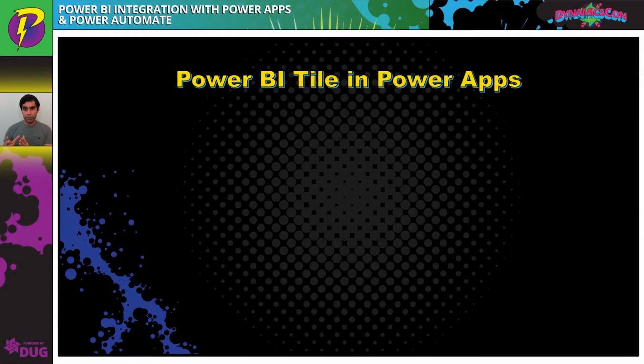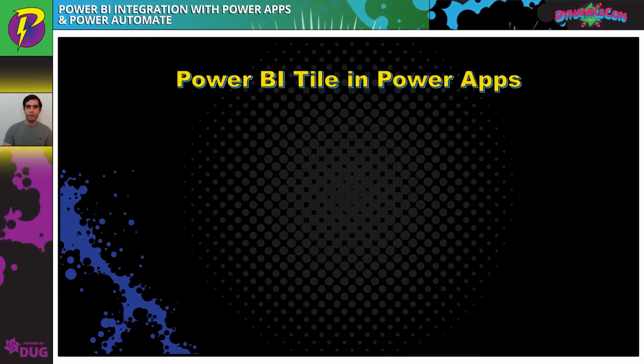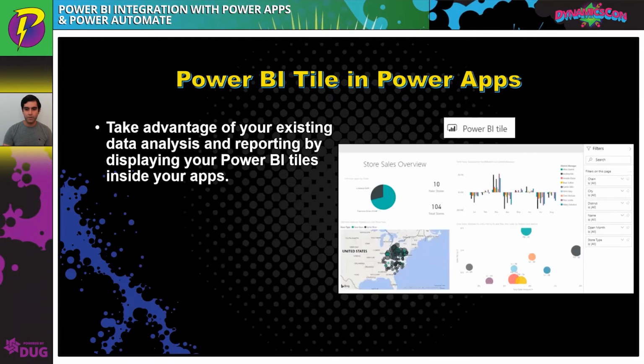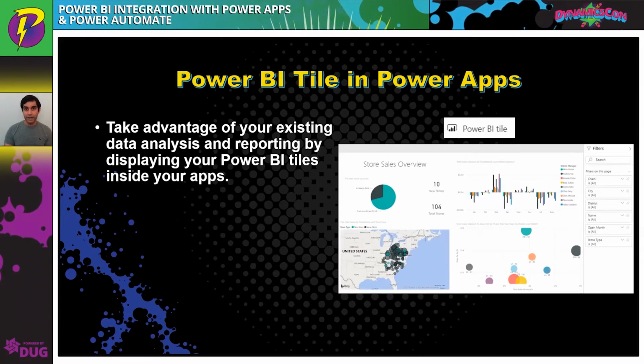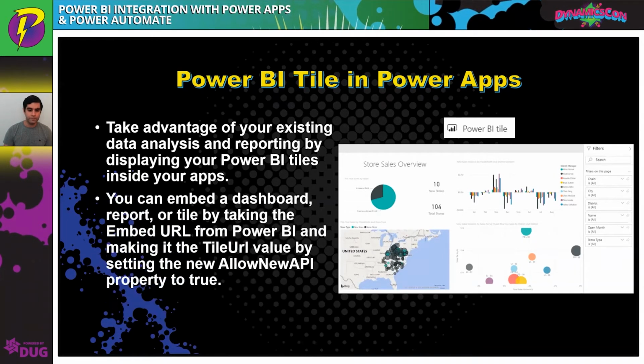Now we've seen how you can add a Power Apps visual in Power BI in the form of the presentation so far. But there is also the option to go the other way around. What if I want to take my Power BI visuals and put them inside of Power Apps? That is also possible through a control in Power Apps called Power BI Tile. And with this control, you can of course take advantage of your existing data analysis and reporting that you've set up in Power BI by bringing all that information over inside your Power App.